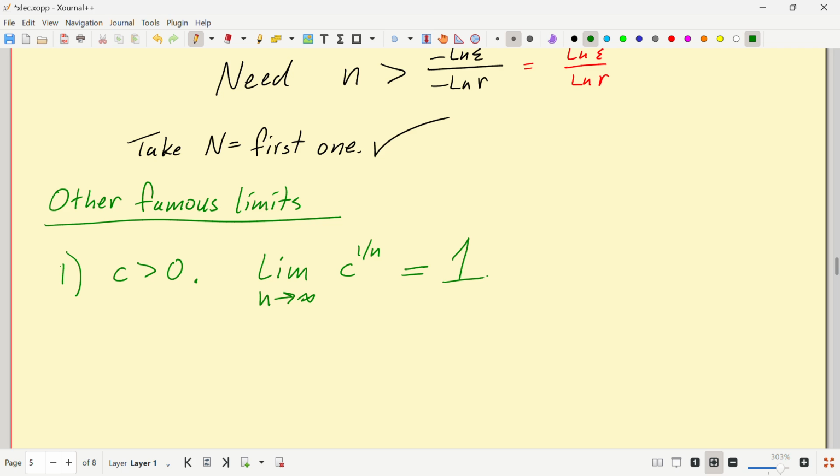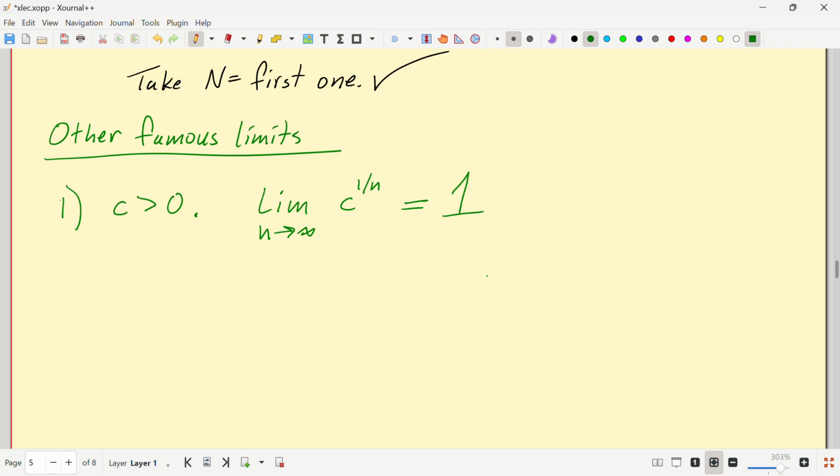And one of my favorites is the limit as n goes to infinity of n to the 1 over n is even 1.